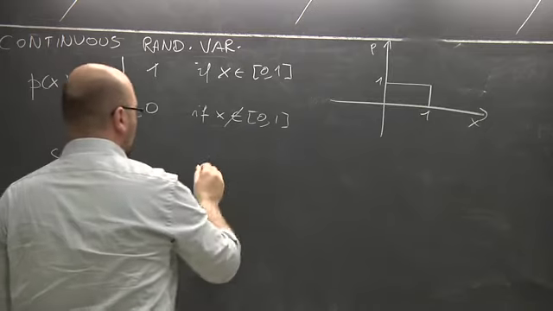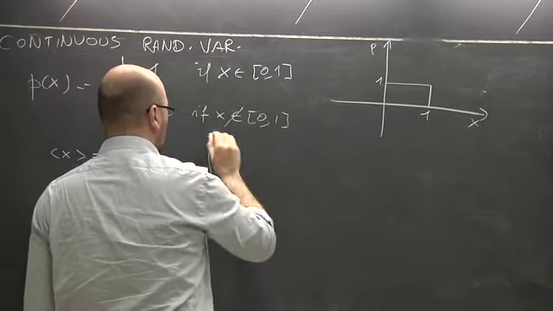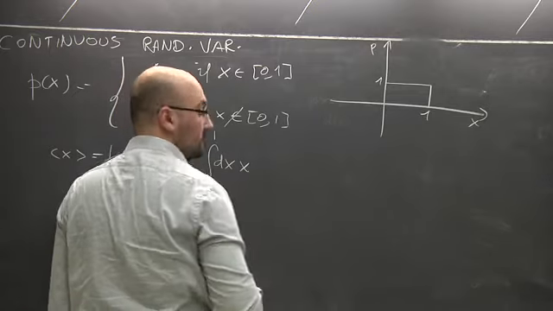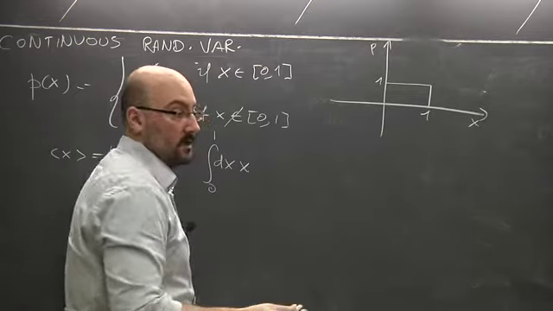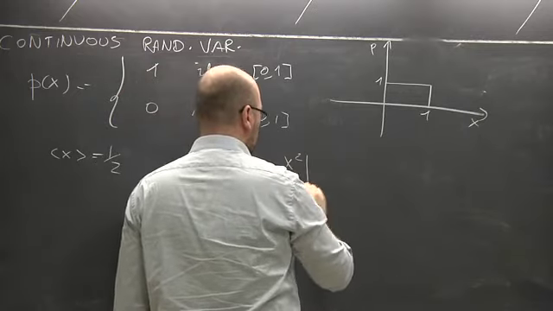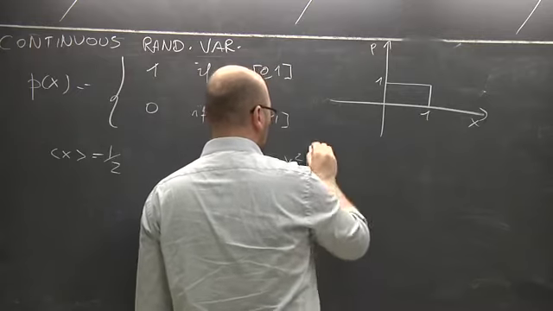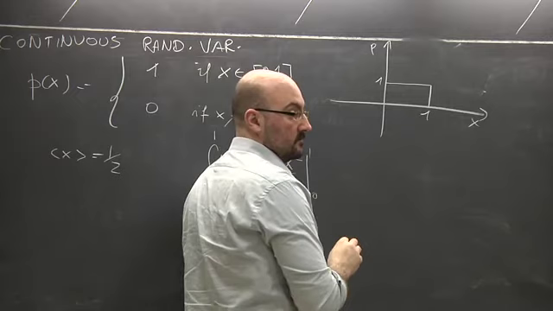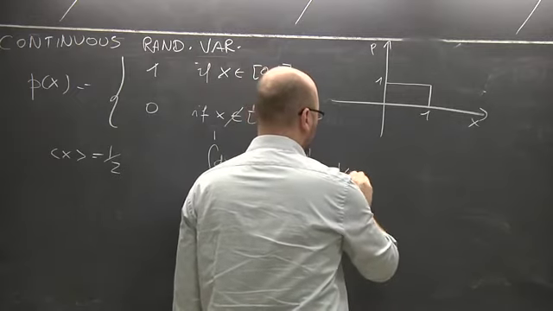Let's see if it is true. What we have to do is the integral between 0 and 1 in dx of x. This is x squared divided by 2 calculated in 1 minus x squared divided by 2 calculated in 0. Okay? This is 1/2.